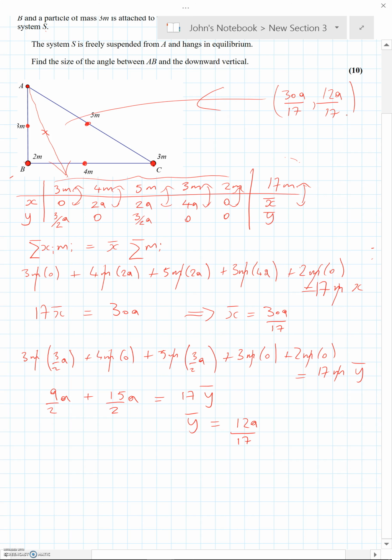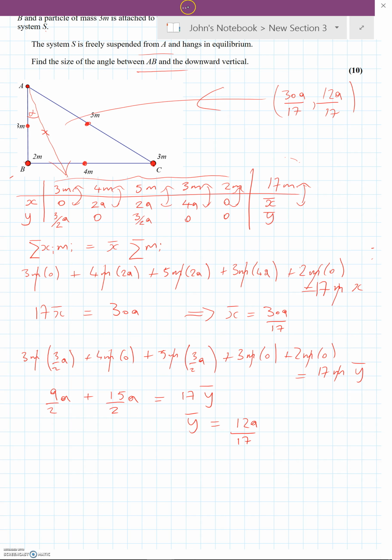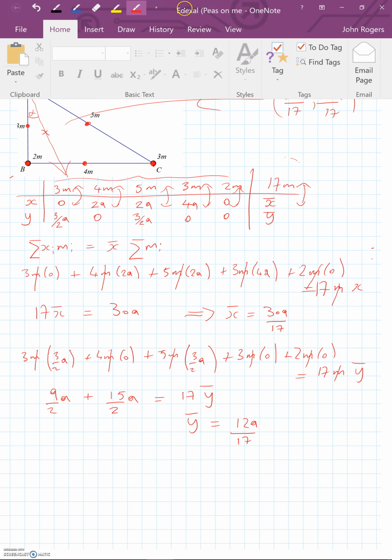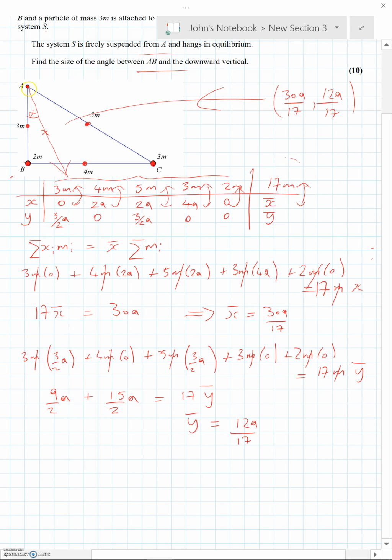And now we need to find the angle. It's suspended from A, and it wants the angle AB makes with the vertical. So that's basically the angle alpha there. So, let's change colour here. Okay, so we can see we've got a triangle here.